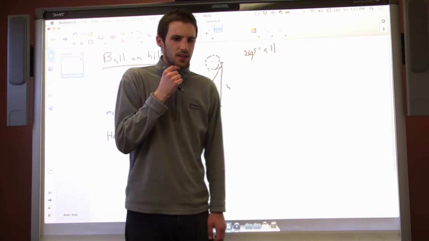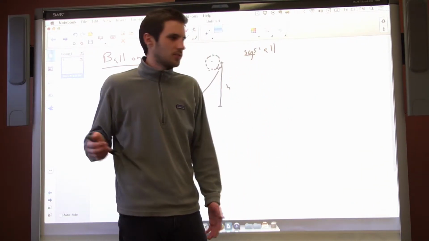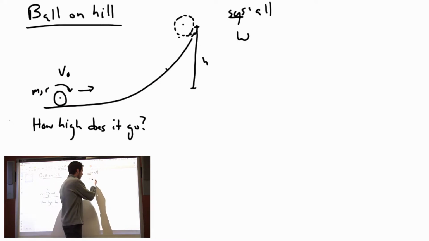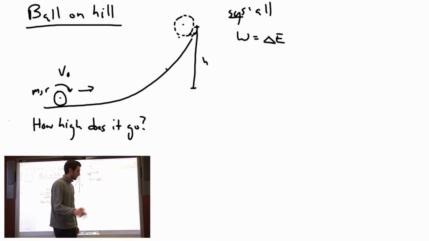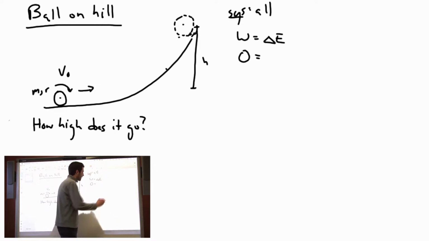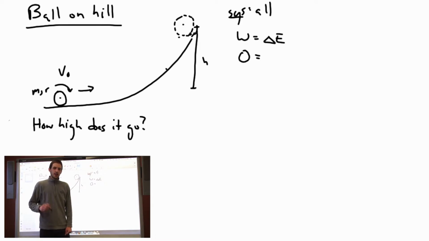Now, we'll just go ahead and apply the work energy theorem. So, I'll say work equals change in energy for this system. I know for a system of everything, there are no external forces, and work is only done by external forces, so I have no work, 0. Now, the changes in energy. I know a ball speeds up, it gets rotating faster, and so those look like two kinetic energies.